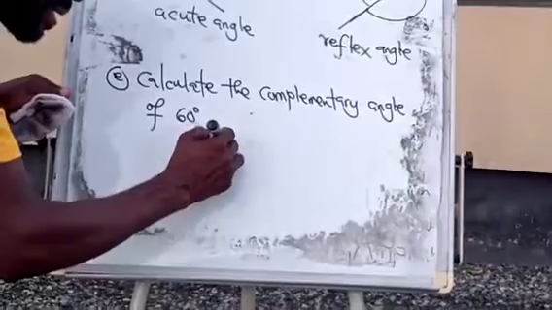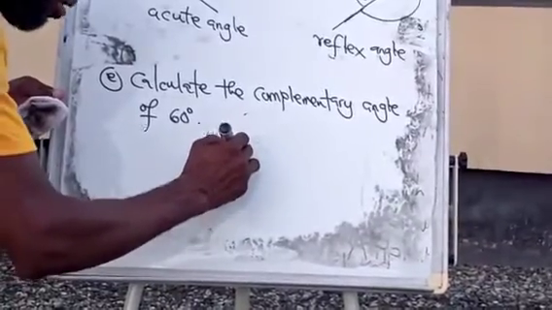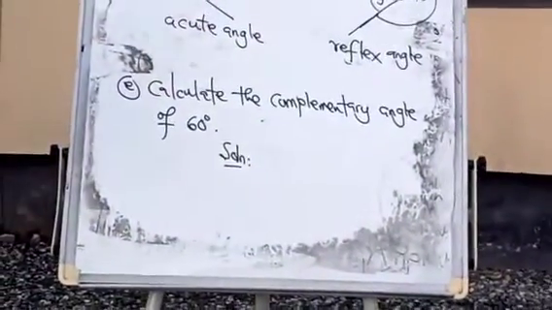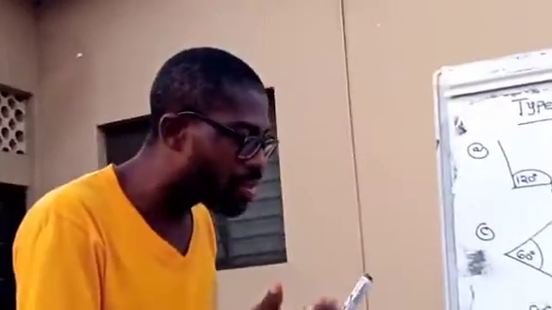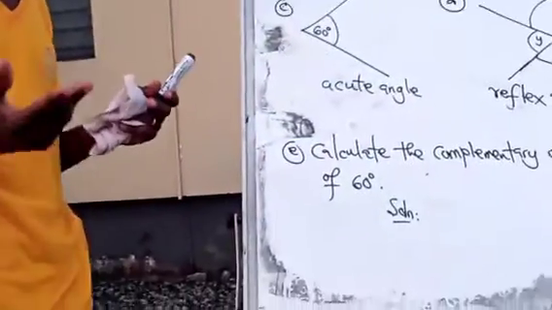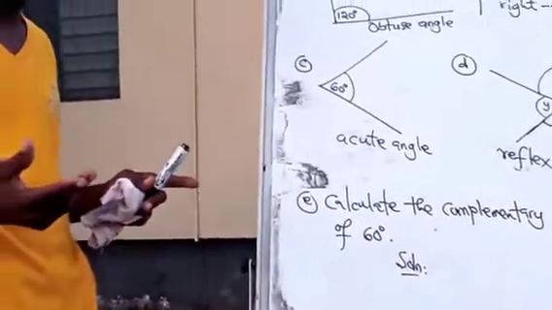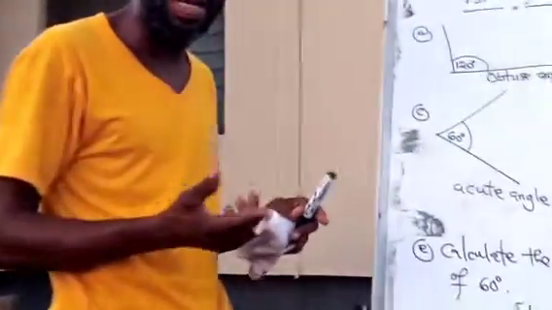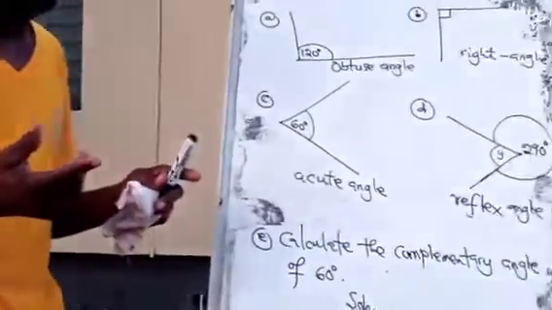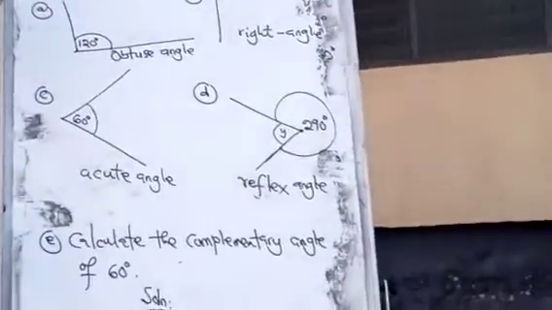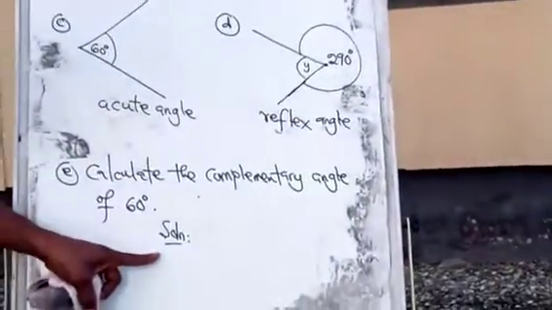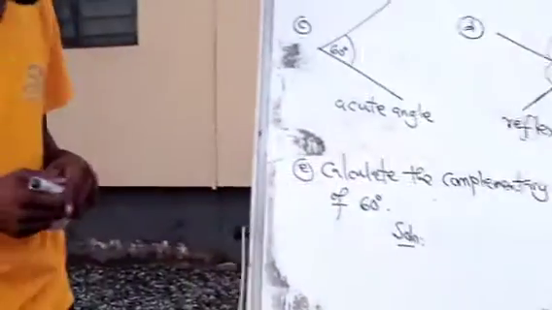Now to do this, remember that we said complementary angles are two or more angles adding up to 90 degrees. So if we have been given one of the complementary angles and we are to look for the other complementary angle, all that we need to do is to determine the other complementary angle.